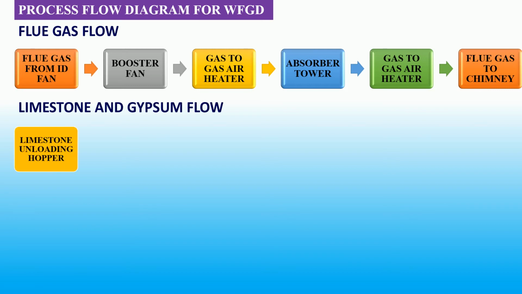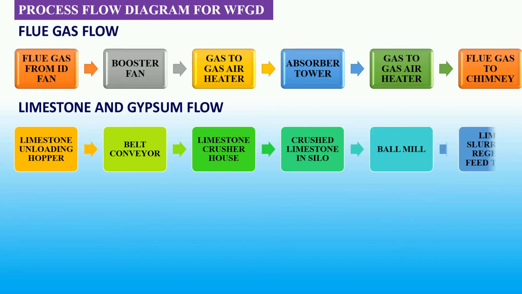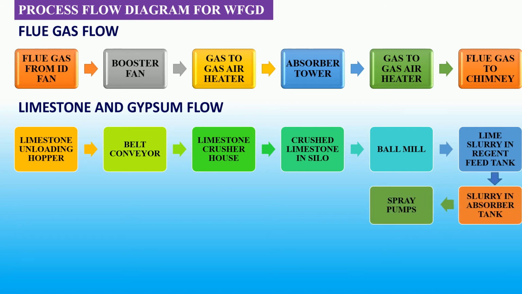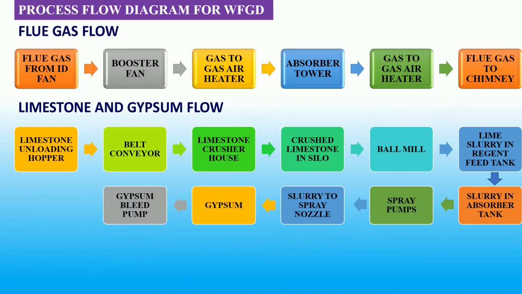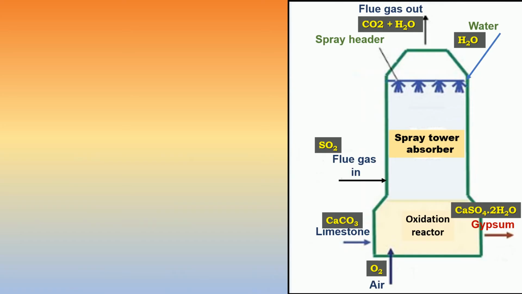Limestone and gypsum flow. First, limestone unloading hopper, next belt conveyor, next limestone crusher house, next crushed limestone in silo, next ball mill, next lime slurry in reagent feed tank, next slurry in absorber tank, next spray pumps, next slurry to spray nozzle, gypsum bleed pump, next classifier, next belt conveyor, and at last gypsum at stack area.